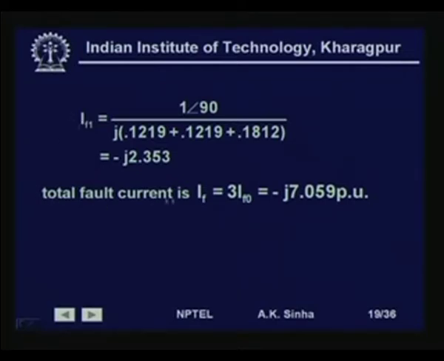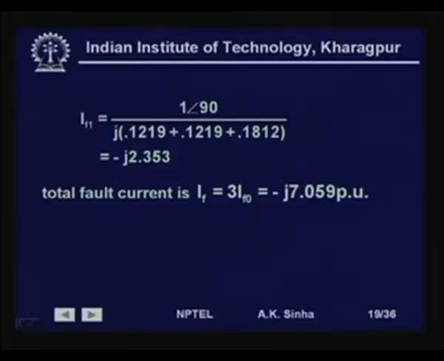The total fault current IF will be equal to 3 times IF0 or IF1. So this is equal to minus j 7.059, that is 3 times this value. So we say 7 per unit current flows in the fault when a single line to ground fault occurs at bus 3 of this system.